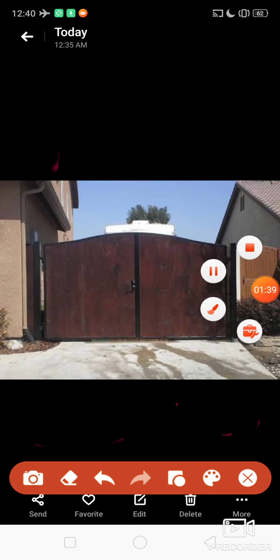Now look, you can see this is a grill gate. It is made up of iron. This is in contact with air. Surrounding air is there, and in air water vapor is also there, and oxygen is also there.